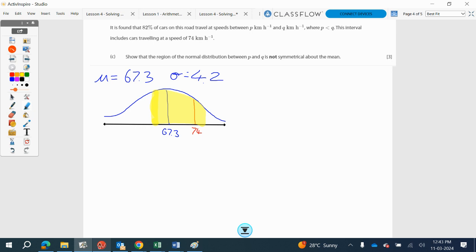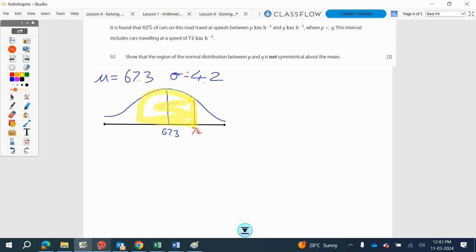Obviously if you move this yellow space up and down, it can move up and down. So this yellow space could be drawn like this. As long as it gets to 82, it could be drawn like this. It wants to know, is there enough space to draw it so it is symmetrical?